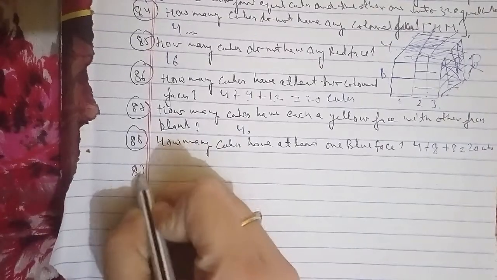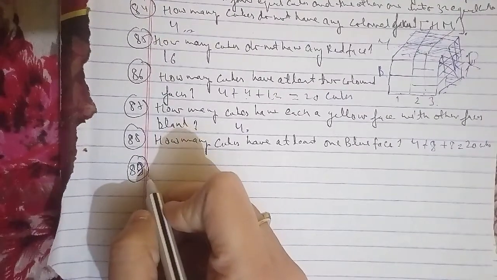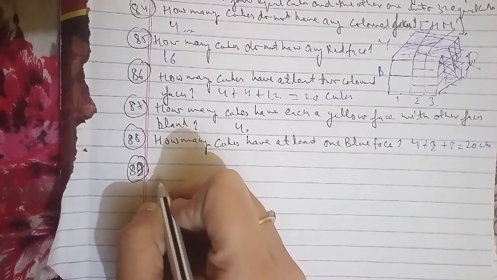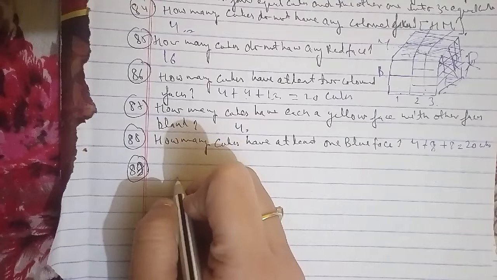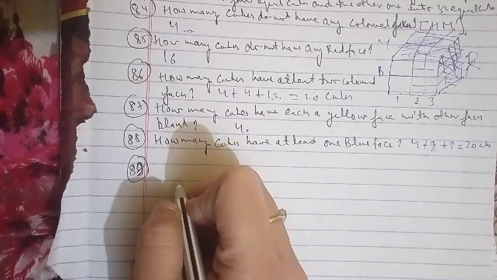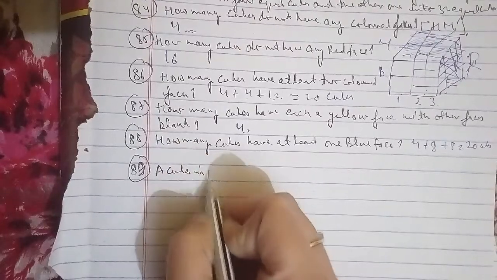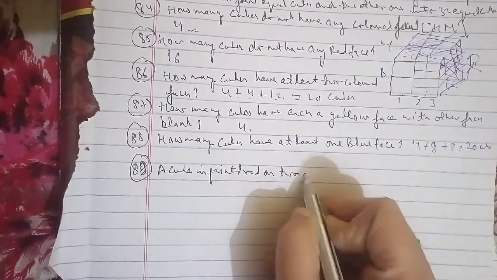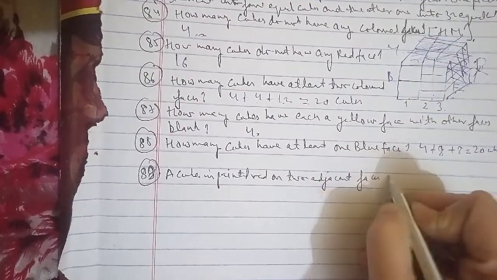So first I will write it down. A cube is painted red on 2 adjacent faces and on one opposite face, yellow on 2 opposite faces and green on the remaining faces.